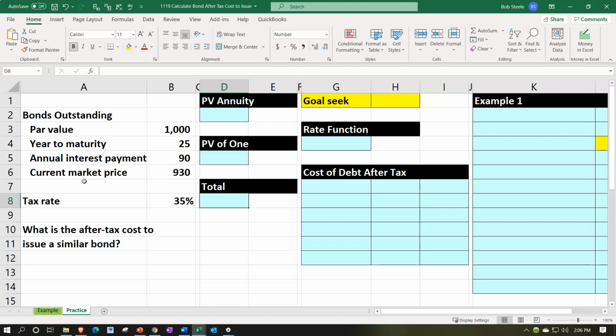And that might sound a little bit unusual because you're saying, hey, look, the interest that we're actually paying is going to be based on the rate on the bond. And in this case, we don't have the rate, we just have the payments, which we're saying are $90. That's different than the market rate. But if you think about it from an accounting standpoint, when you issue the bond at a premium or a discount, you then have to amortize the premium or discount, and typically that will result in the other side going to interest expense.